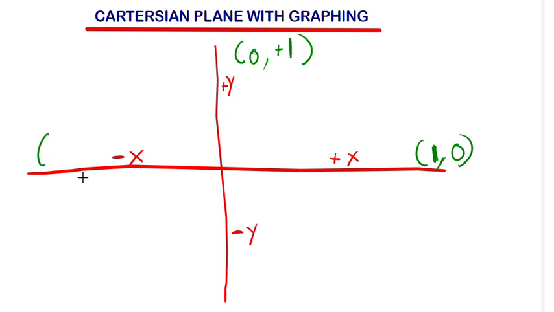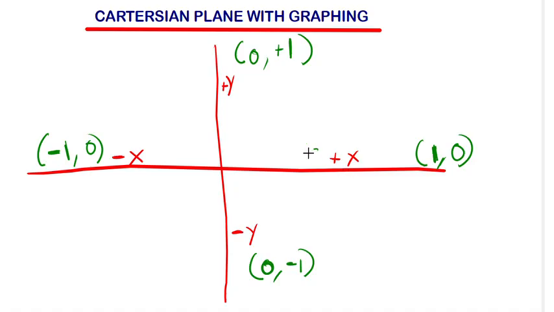Then this side, the x-axis will be negative 1, comma, y-axis 0. Then this side again, you do the same thing: 0 in the x-axis, then the y-axis negative 1. So this is how it is, right?